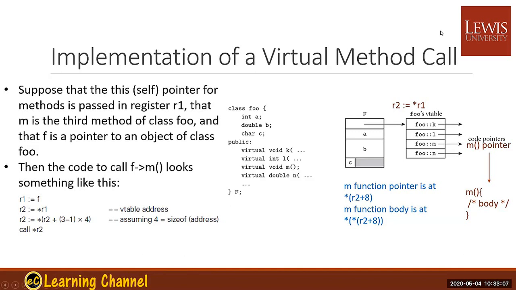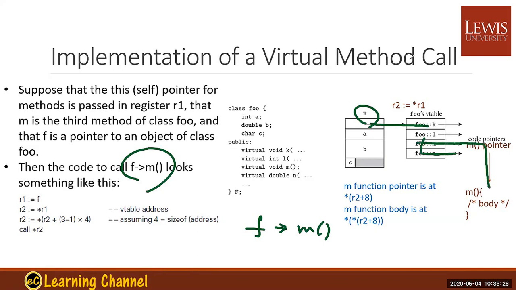That's the calling procedure: you do f pointer to m. The object is this f object, and you find it in here, then follow the pointer to here and find the function.